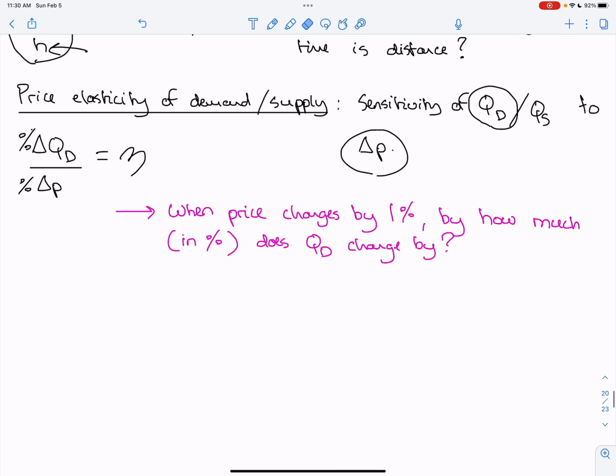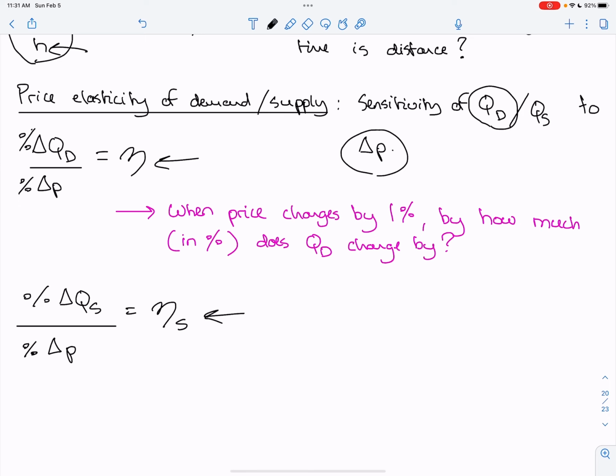Now, of course, this is price elasticity of demand, right? But we also have price elasticity of supply, which is exactly the same thing, except we're interested in quantity supplied here. And, of course, price on the bottom. And this is usually denoted by eta S. Okay, so this up here is price elasticity of demand. This is price elasticity of supply.